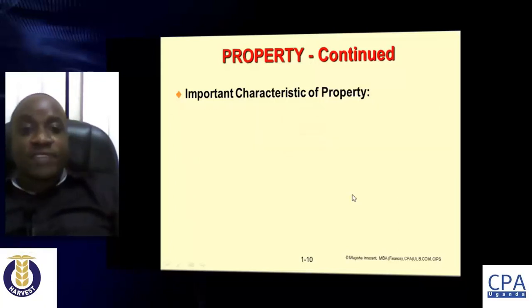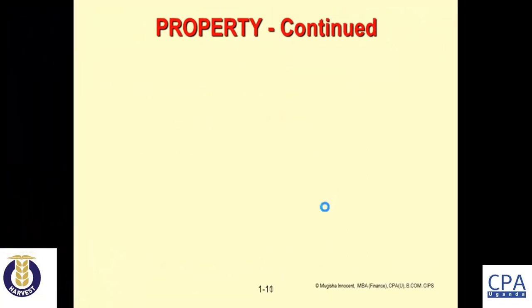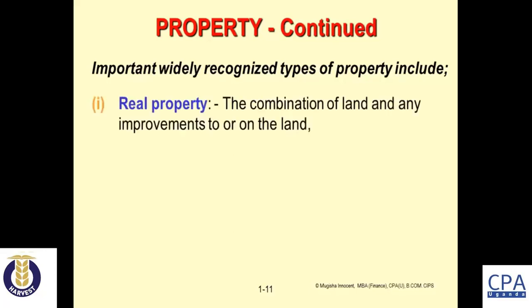Next, after understanding the characteristic of a property from other entities, it is important for us to understand some of the widely recognized types of properties. Number one, we have what you call the real property.